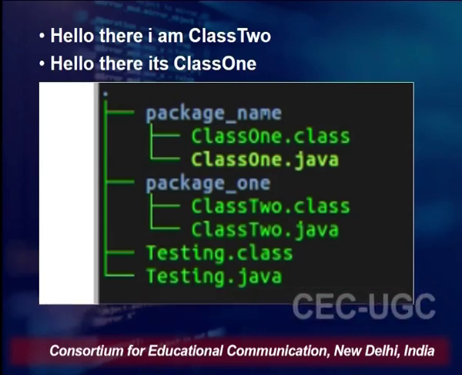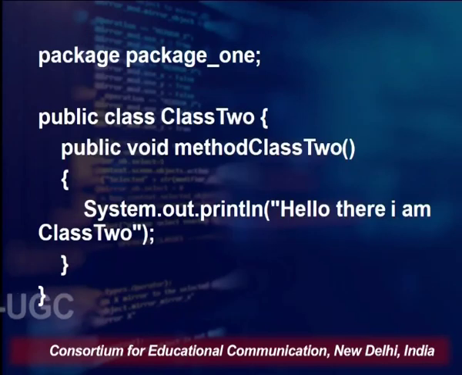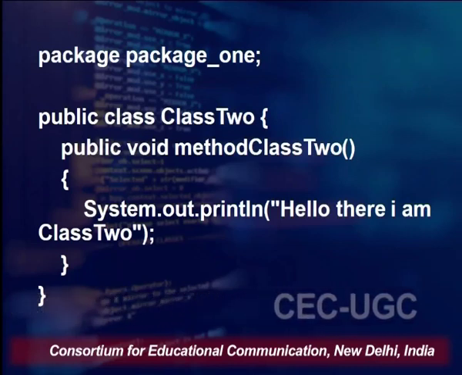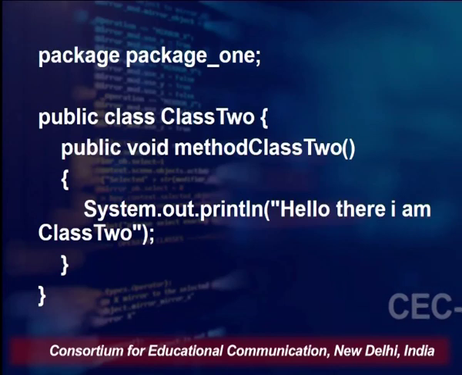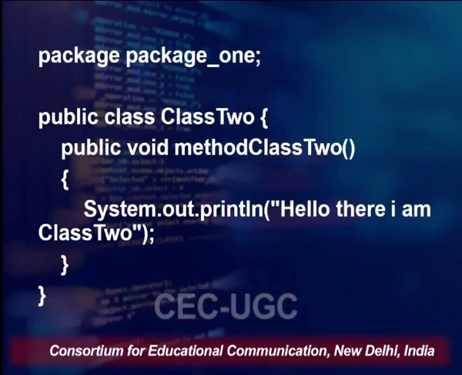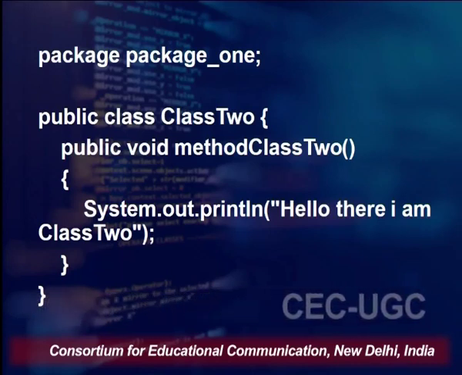So, in short, we have encapsulated this particular code shown on the screen in one file, class2.java. The corresponding class file, class2.class, is also created, and this is inside package_1.